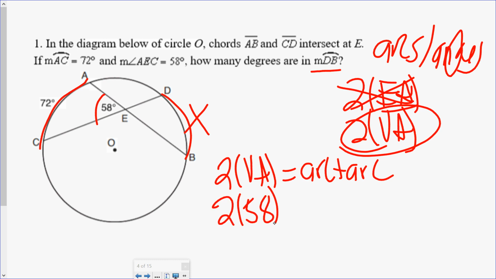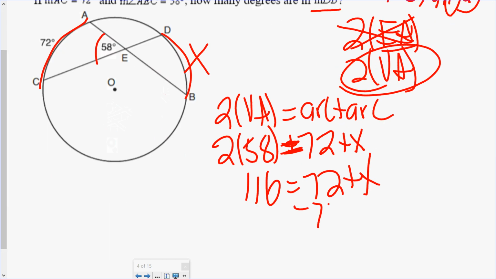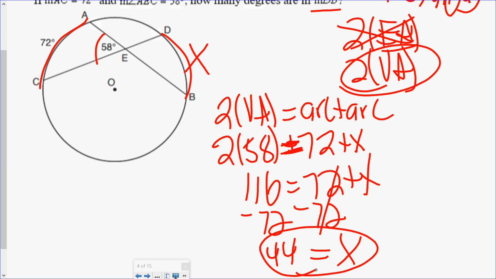The hard part is knowing the rule and recalling which rule to use. 2 times 58 equals 72 plus x. 116 equals 72 plus x. X equals 44. And that's it.